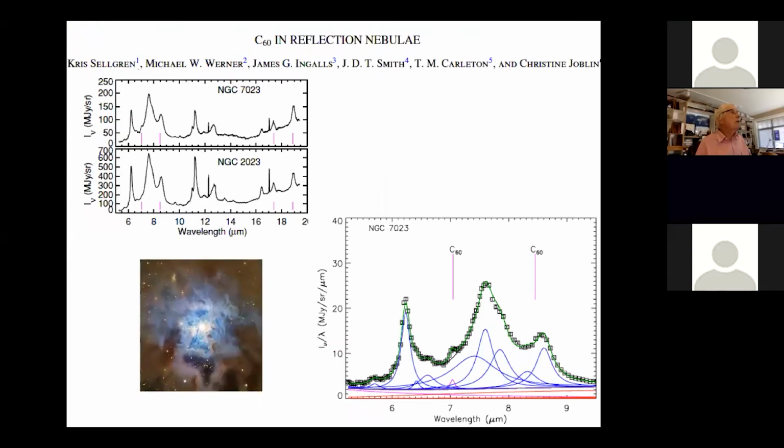Also, there was a detection of C60 in a reflection nebula by Mike Werner and others. The reflection nebula, NGC 7023, which you see an image of in the bottom left, is supposedly a site, and they mapped it across there.